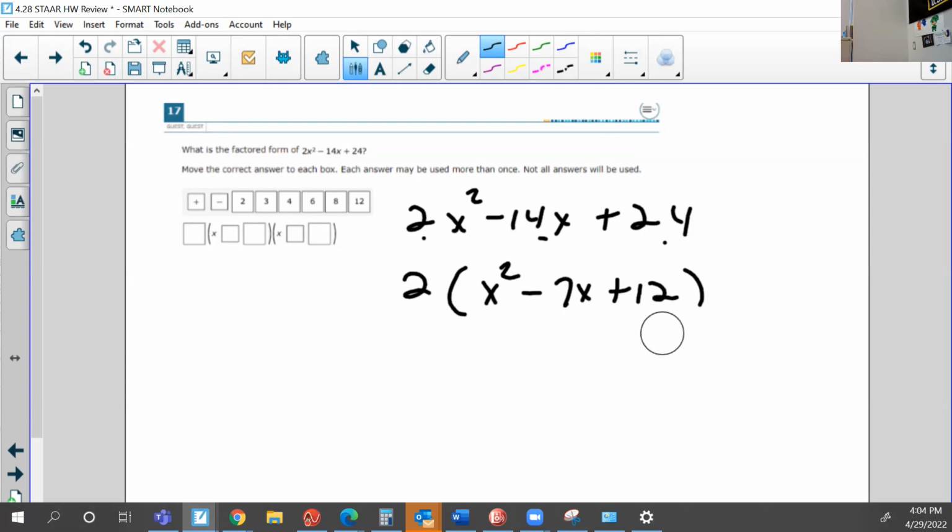I'm not going to do the box method here, guys. You factor this with the box method, and that's going to give you x minus 3 times x minus 4, times the 2 right there. You've got to bring along this 2, and those are the factors. So you got to drag this 2 right there.